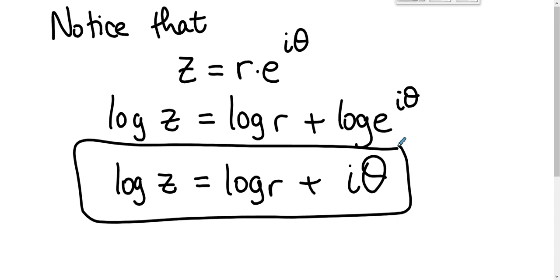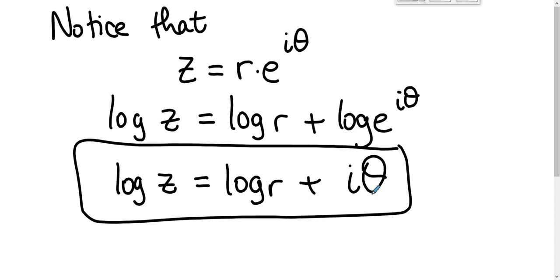We can find the logarithm of a complex number by finding the log of the r value and then tacking on i theta. Now, granted, you and I both know, because we took Calc 2 and we're familiar with polar coordinates, that there are lots of thetas that represent a particular complex number.